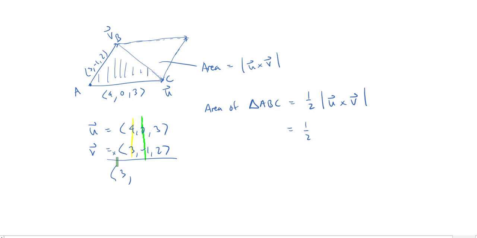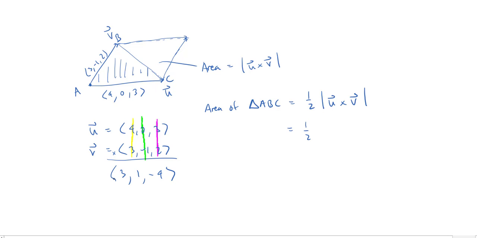So I go 3 times 3 is 9, minus 4 times 2 is 8. So 9 minus 8 is 1. Now we get the third component by crossing off the third column, and I go back to doing it in the usual way. So I do 4 times negative 1, which is negative 4, minus 0 times 3, which is 0. So negative 4 minus 0, which is negative 4.